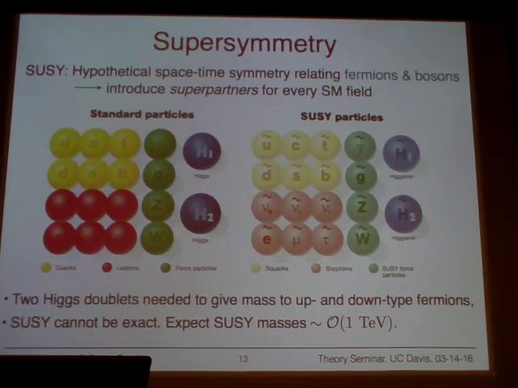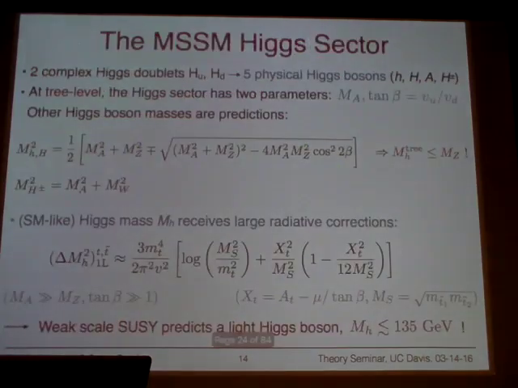We know that supersymmetry cannot be exact because we haven't seen any of these superpartners, which would have the same mass as in the standard model if this was exact. So we expect there must be some SUSY breaking mechanism, and we roughly expect the SUSY mass to be at the TeV scale in order to still give some acceptable solution to the hierarchy problem.